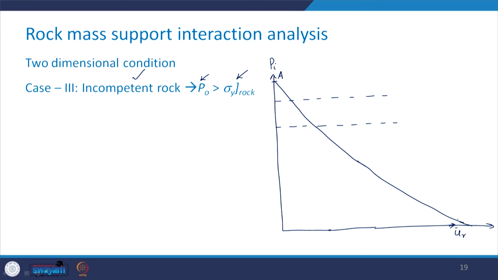See, the response is like that. Okay. So, here in this case from this to this zone, it is the linear elastic deformation.